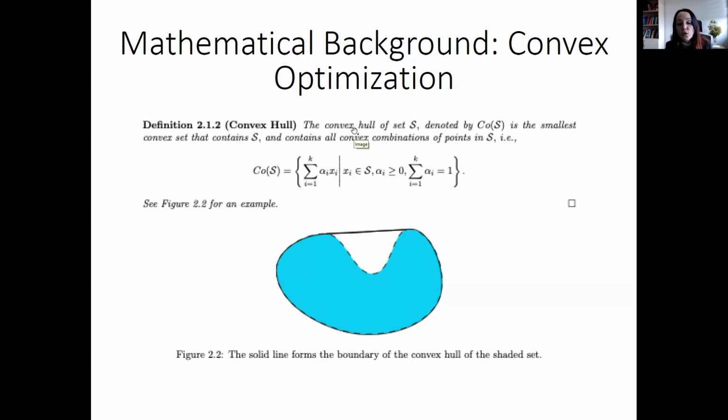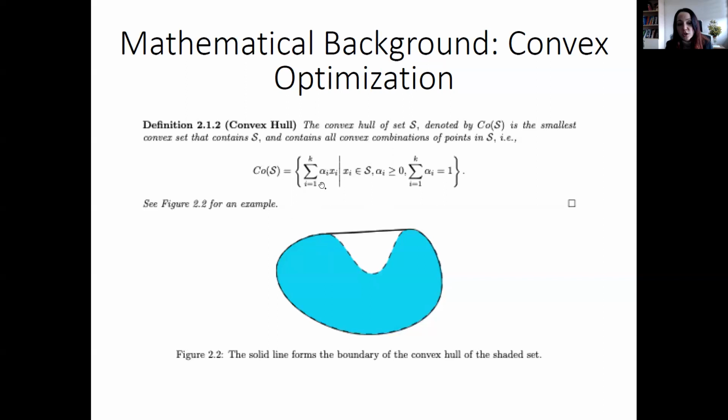The convex hull of a given set S, denoted by CO of S, is the smallest convex set that contains all the points in S. In other words, the convex hull of S contains the points in S and contains all convex combinations of those points, as described completely in this equation: summation alpha_i x_i such that x_i is in S and the alpha_i's are coefficients between 0 and 1 that sum to 1.